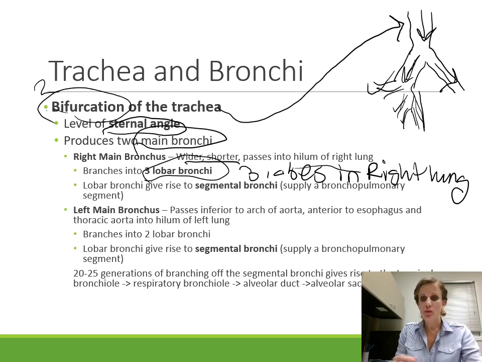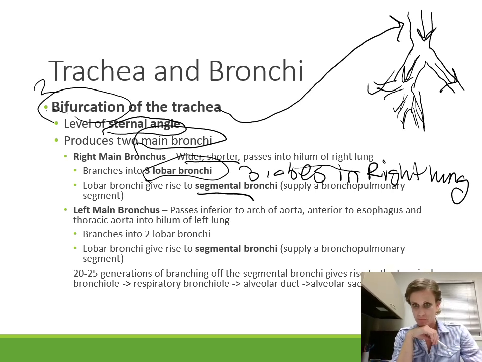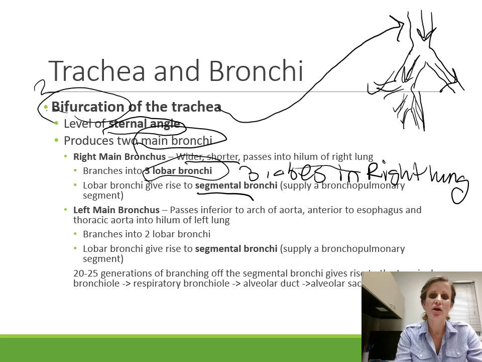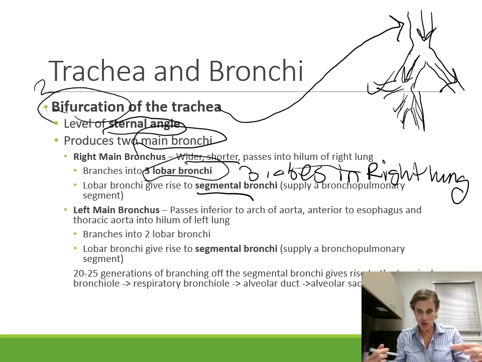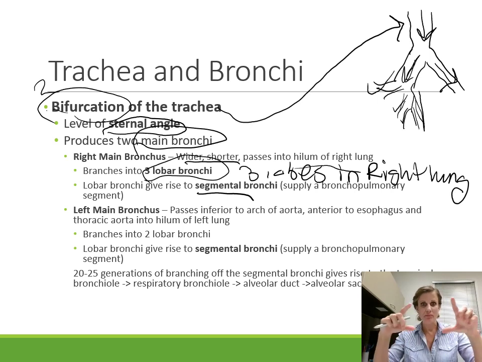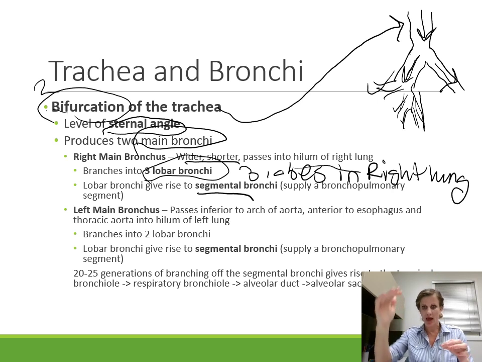After the lobar bronchi, we have a third level of bronchi, and these are called segmental bronchi. Each segmental bronchus gives air to a single bronchopulmonary segment. So a bronchopulmonary segment is kind of like a pyramidal shaped cluster of lung tissue. The broad end is around the outer regions of the lung, and the apex is pointed in towards the hilum.